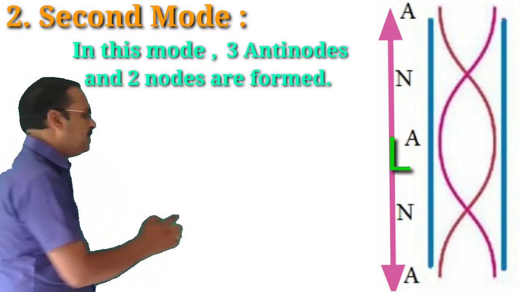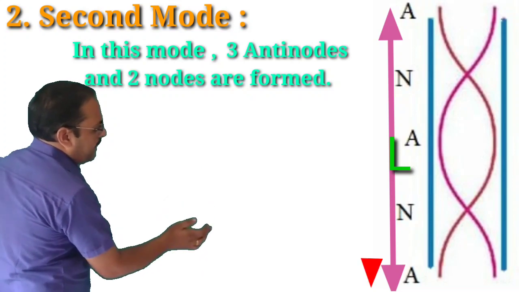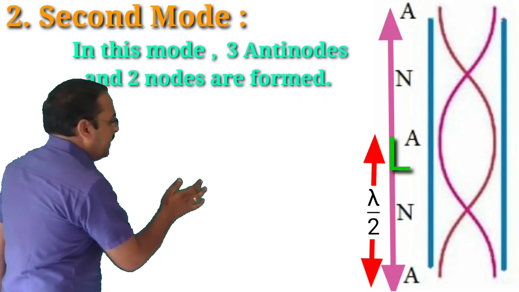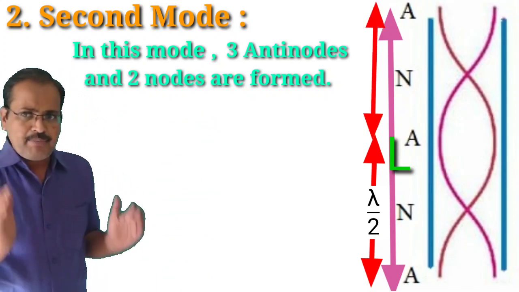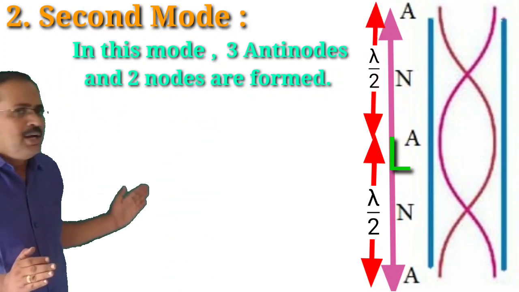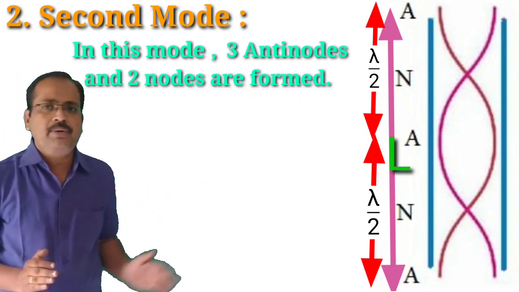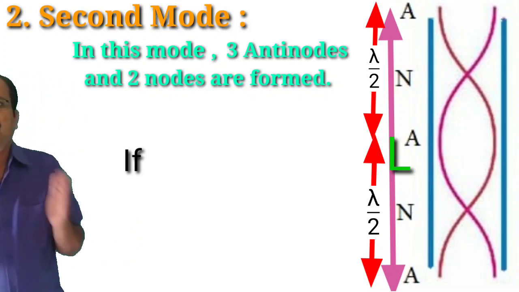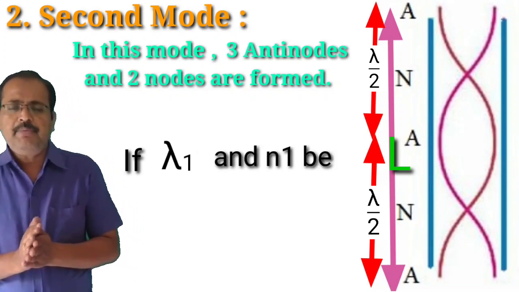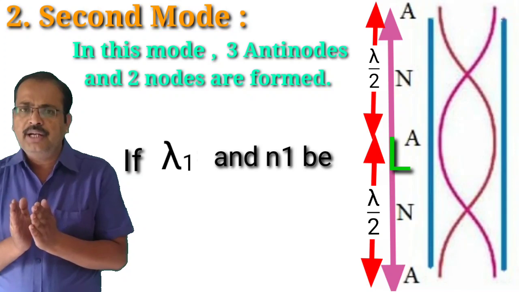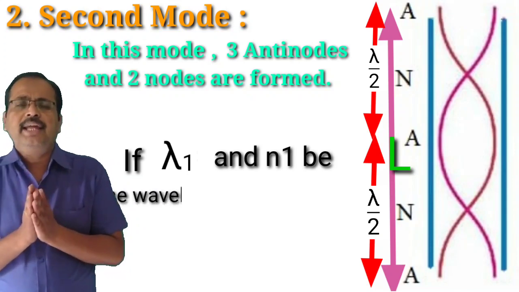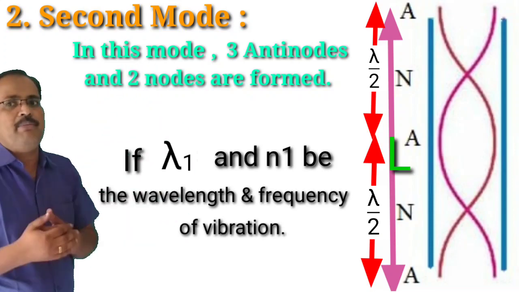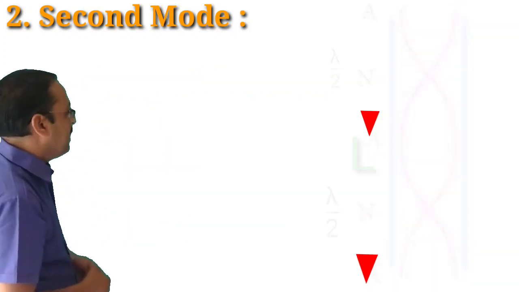In this diagram, 3 antinodes are formed. First antinode to second antinode is the distance lambda by 2. Second antinode to third antinode is the distance lambda by 2. Let lambda 1 and n1 be the wavelength and frequency of vibration in this second mode of vibration.